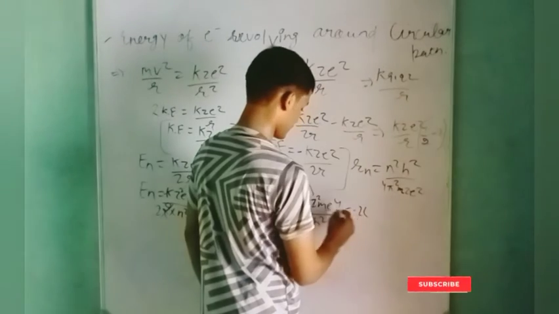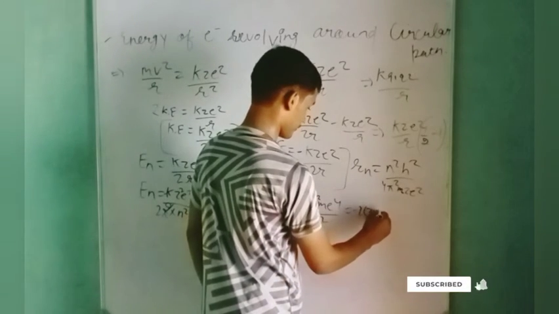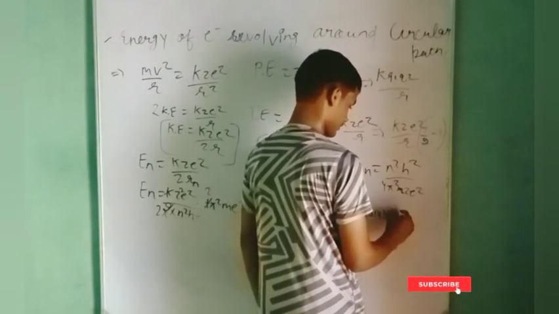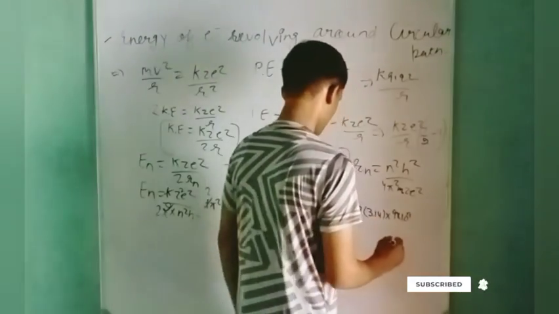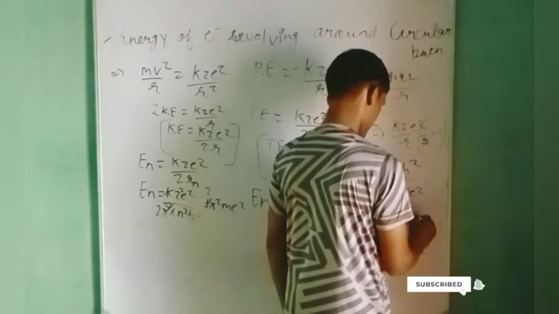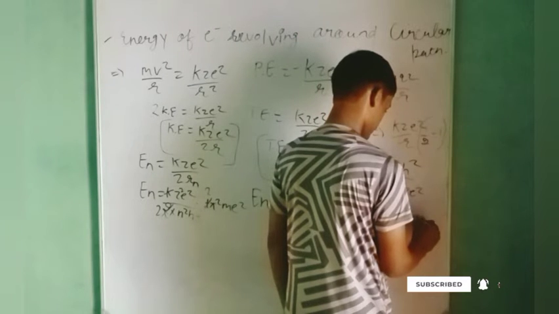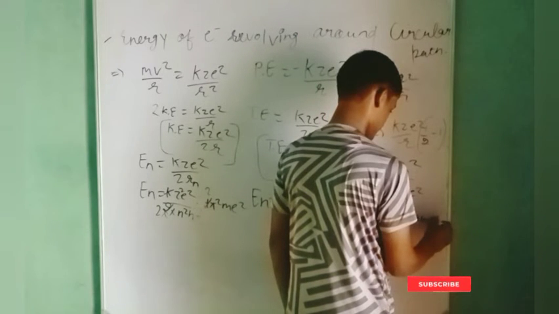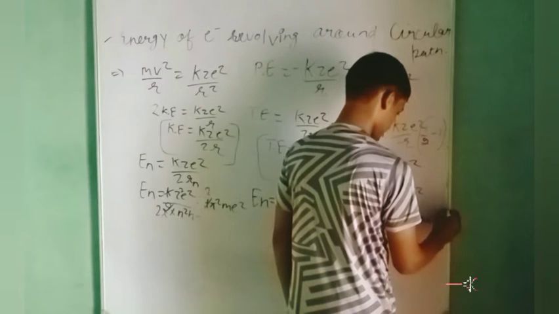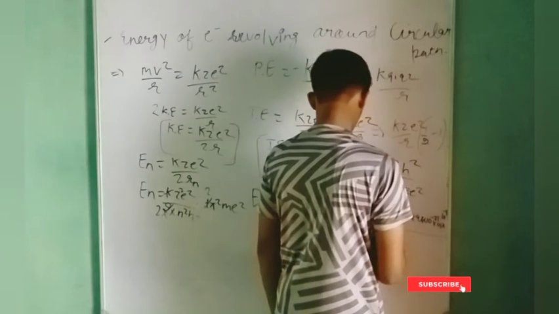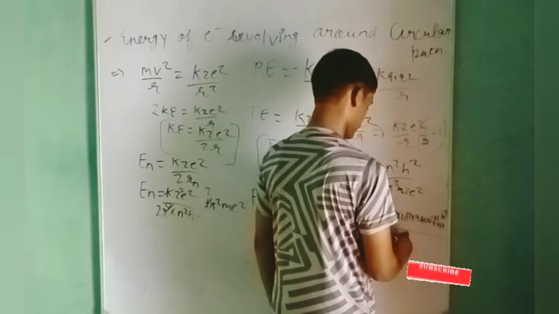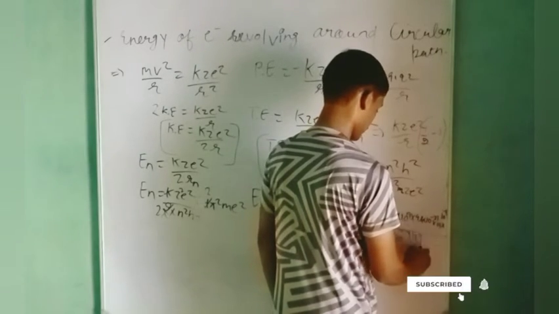Then we put 3.14 square into 9 into 10 to the power 9 whole square, m, the mass of the electron, is 9.1 into 10 to the power minus 31, into 1.6 into 10 to the power minus 19, the fourth power, upon h square, which is 6.63 into 10 to the power minus 34 whole square.